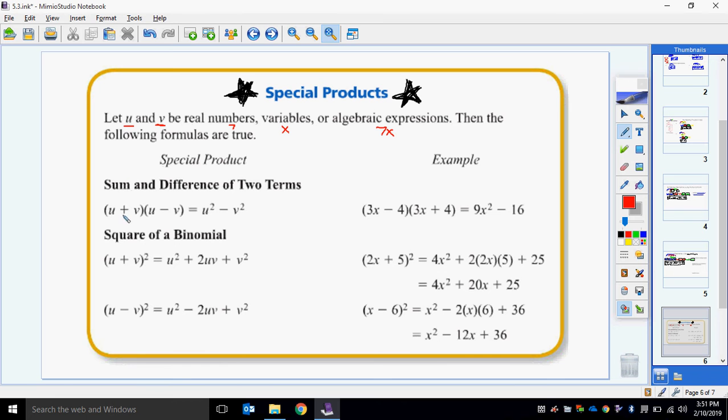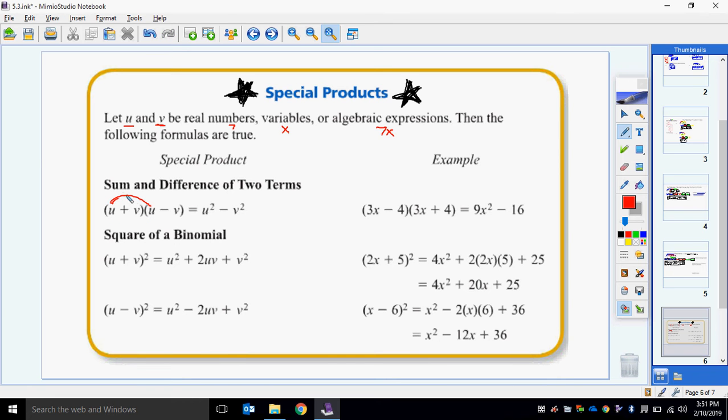The first one is the sum and difference of 2 terms. So let's say you have this binomial times this binomial, and they're the exact same, except one is an addition and one is a subtraction sign. That's the only thing different. Sure, we can always multiply this the long way, right?